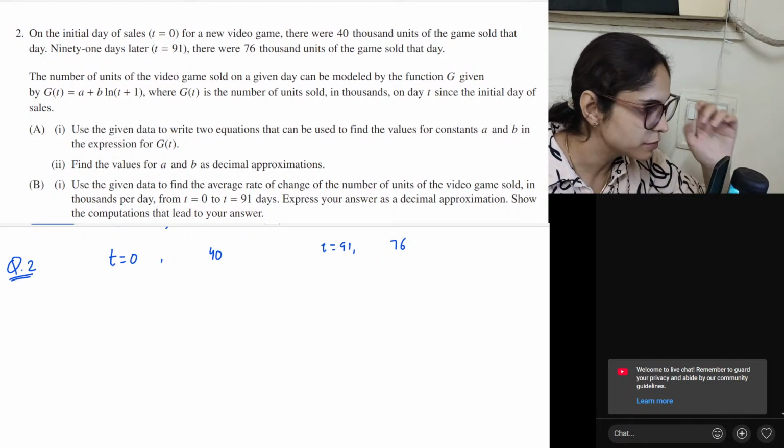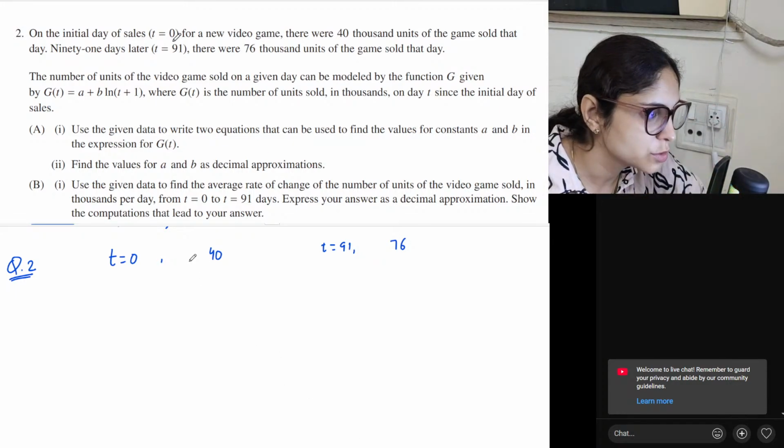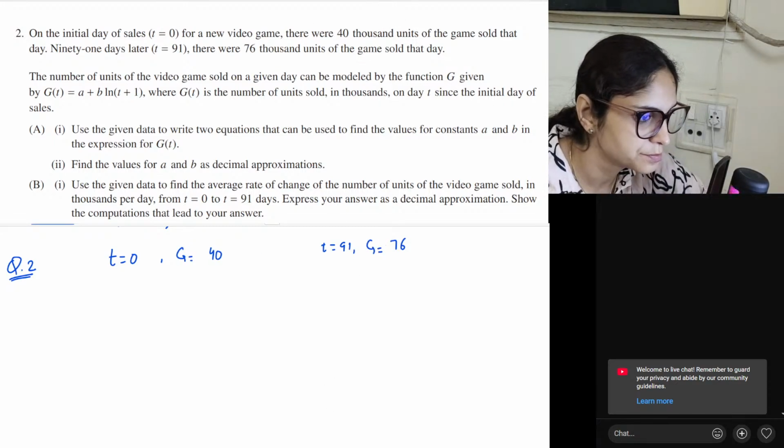The number of units of the game sold on a given day can be modeled by the function g. So I will say g is 40 over here and g is 76 over here.